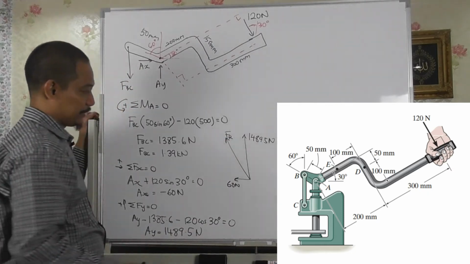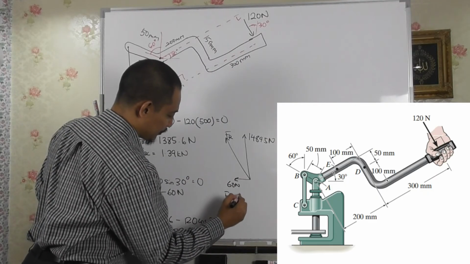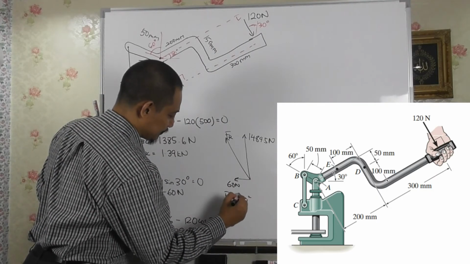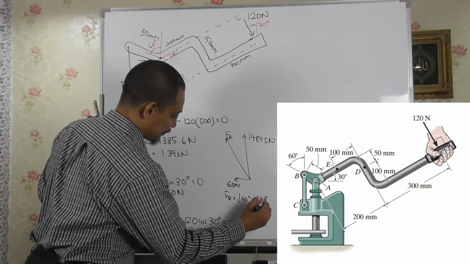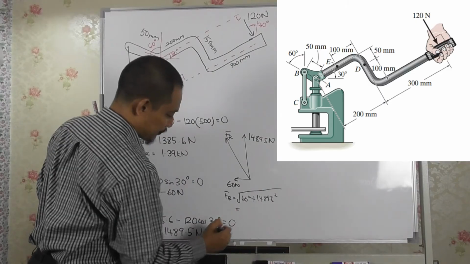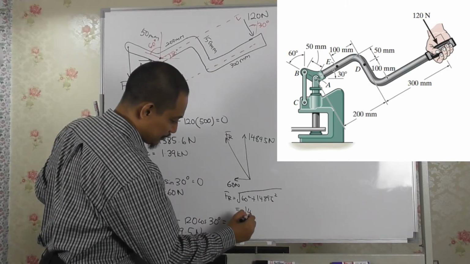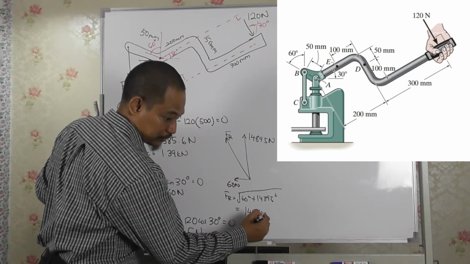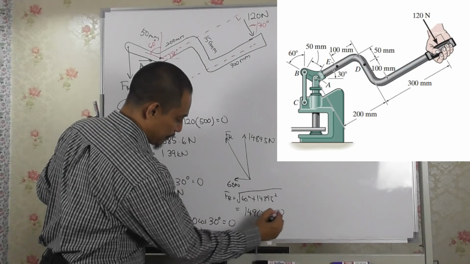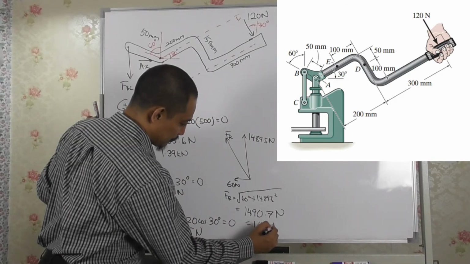So what is this FR? FR at point A, right? So basically FR will be the square root of 60 squared plus 1489.5 squared. Then you will get 1490.7 Newton or 1.49 kilonewton.